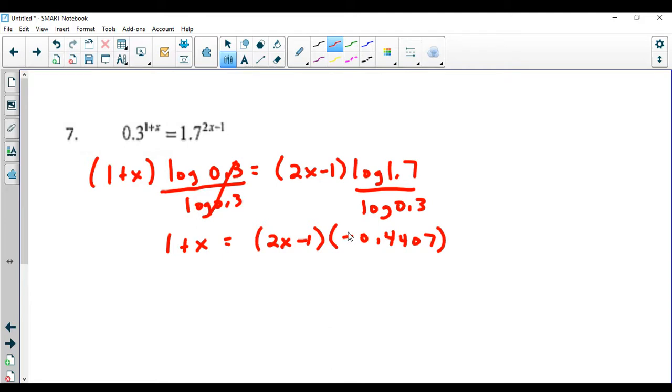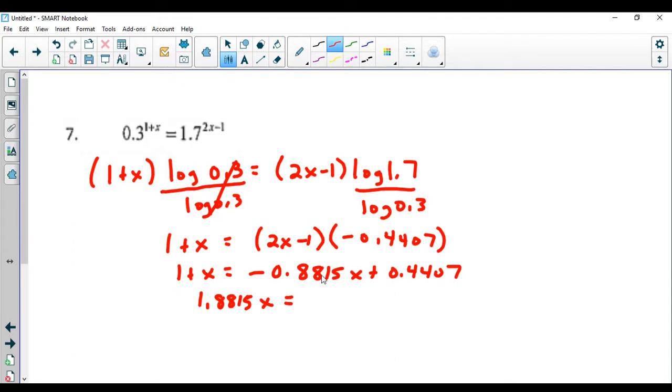All right, now it's just a normal equation. Yeah, it has a decimal, but it's still just a normal equation. So I'm going to distribute that to my 2x. So now I've got negative 0.8815x. Two negatives make a positive when I multiply them. Now I want all the x's on one side, so I'm going to add this to the other side. So now I have 1.8815x.